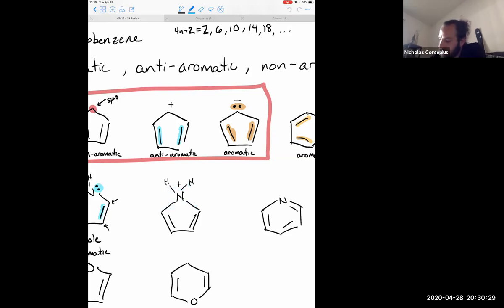So this nitrogen has to be sp3 hybridized, making this non-aromatic, right? By forming that new bond, it takes away that pair of electrons that used to be able to contribute to the ring, and now it doesn't have that sp2 hybridization.